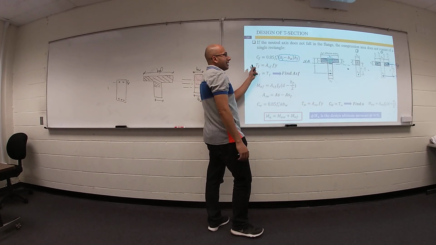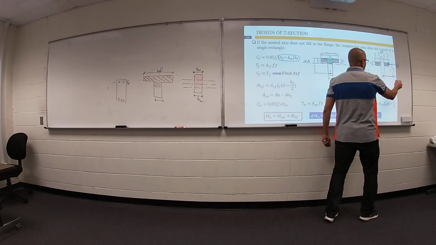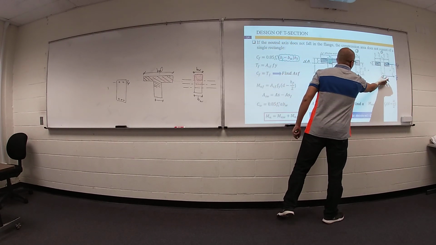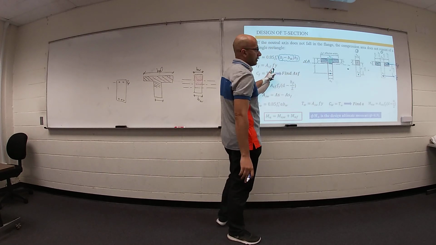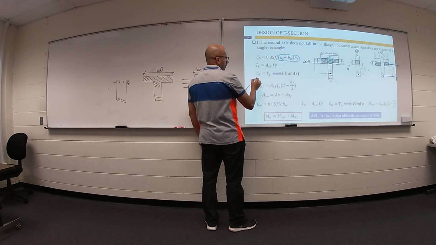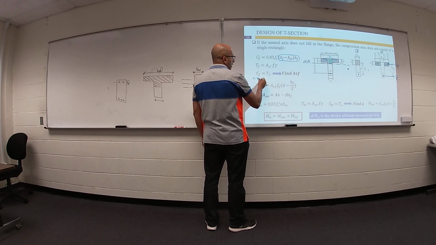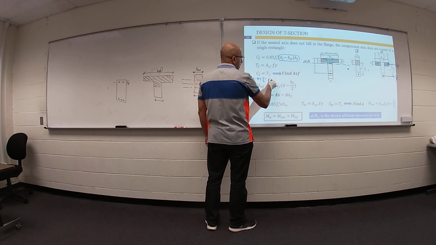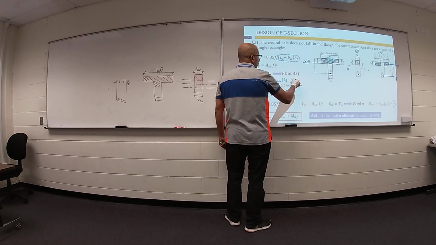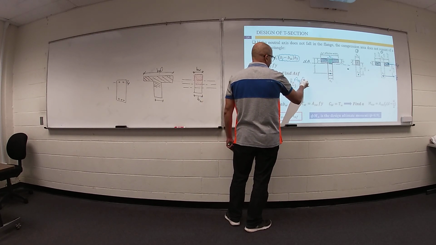Your T flange equals area of steel flange, this part of the area of steel, times f yield. Both of them are equal, so 0.85 f'c times (b flange minus b web) times h flange equals area of steel flange times f yield.